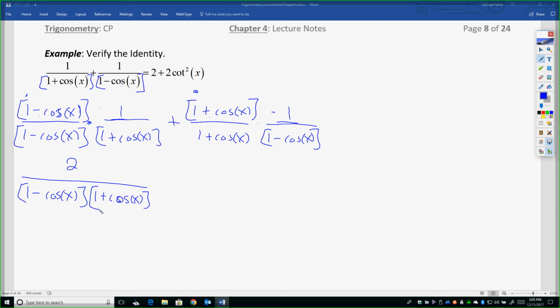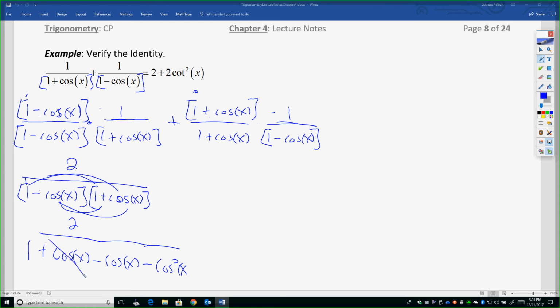And I can distribute that through. So 1 times 1 gives me 1. Cosine times 1 is cosine. Negative cosine times 1 is negative cosine. And negative cosine times cosine is negative cosine squared.